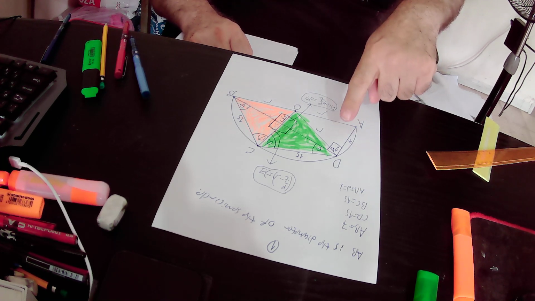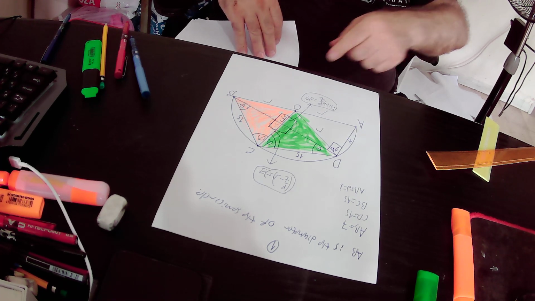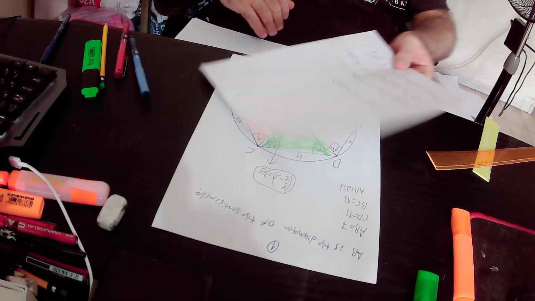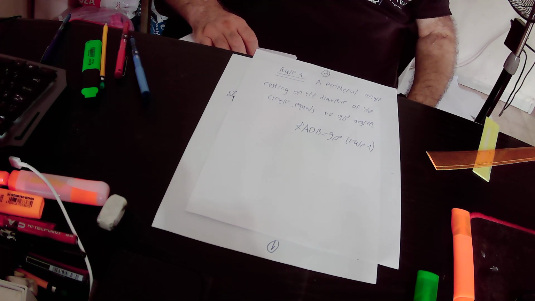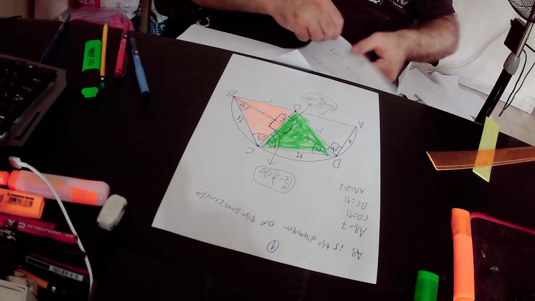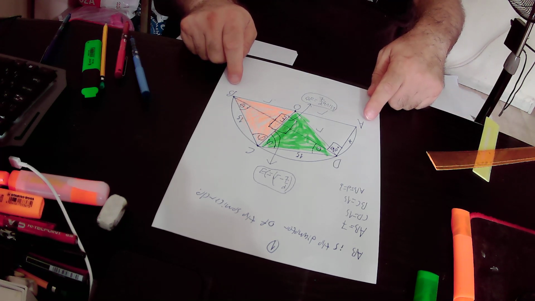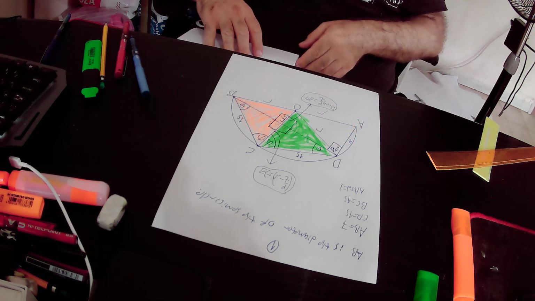Peripheral angle ADB equals 90 degrees because it rests on AB, the diameter of the semicircle, and we have rule 1, which states that a peripheral angle resting on the diameter of the circle equals 90 degrees. So angle ADB rests on AB, the diameter of the semicircle. Therefore, according to rule number 1, this angle equals 90 degrees.